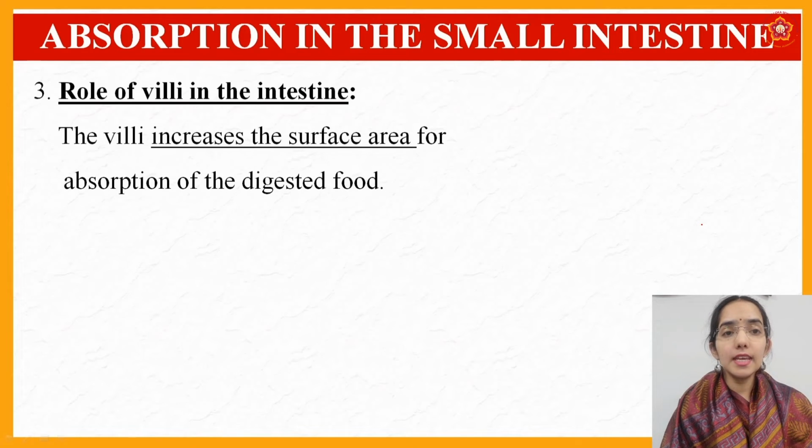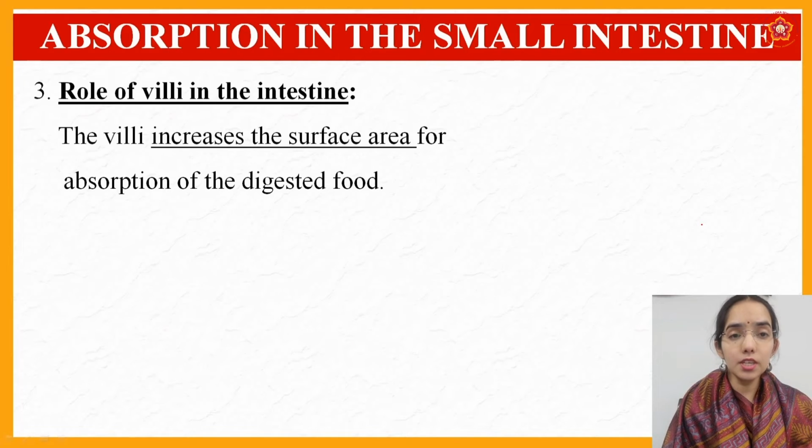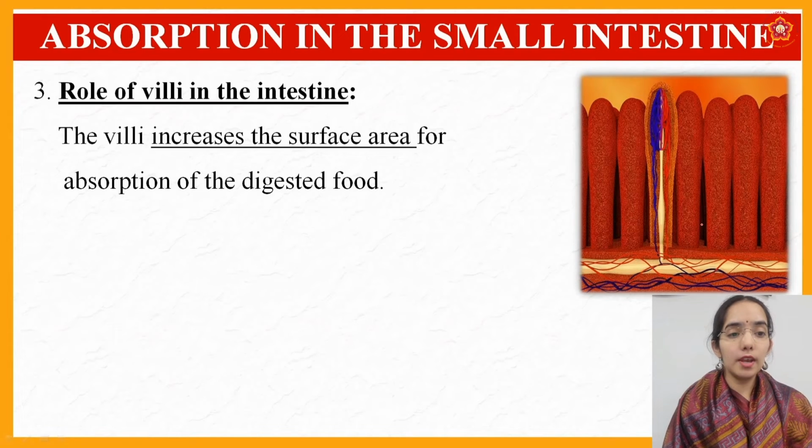So the villi, they increase the surface area for absorption of food. So now we know that in the small intestine, after digestion, the food needs to be absorbed so that it can be sent to all the cells of the body through blood vessels. So you can see over here in this diagram, these finger-like outgrowths in the walls of our small intestine, these are villi.